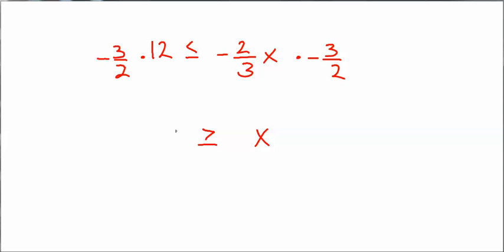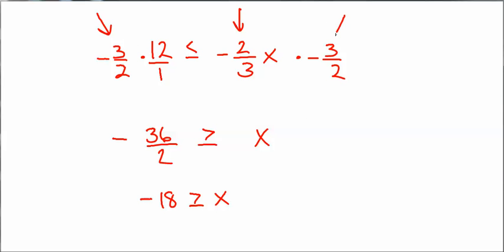You've got a negative times a positive, right? So your answer over here is negative. 3 times 12 is 36, over 2 times 1 is 2. Well, negative 18 would be the answer, because 36 over 2 is 18. Alright? But you had a negative fraction in front of the variable. So you multiply both sides by a negative reciprocal. And that changes the direction of the inequality.